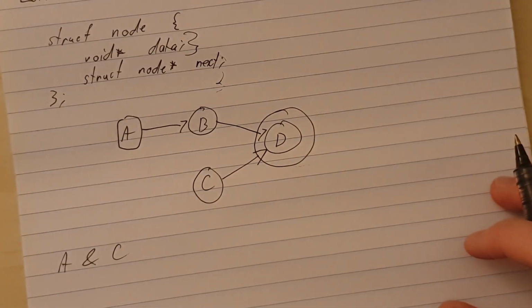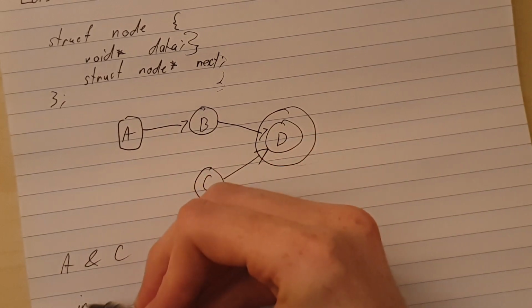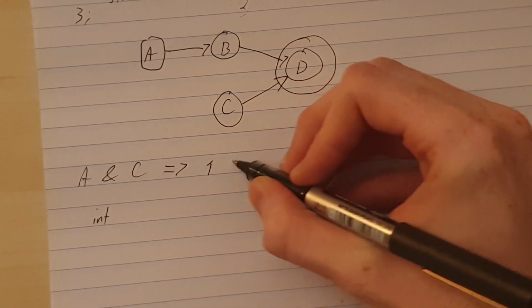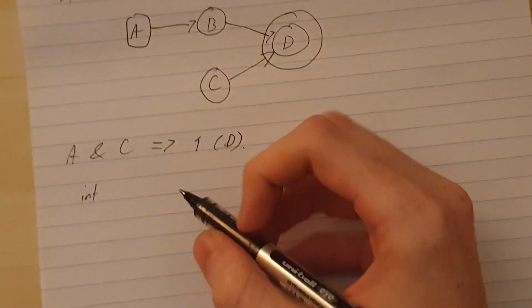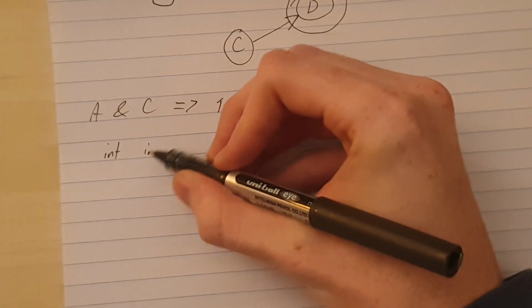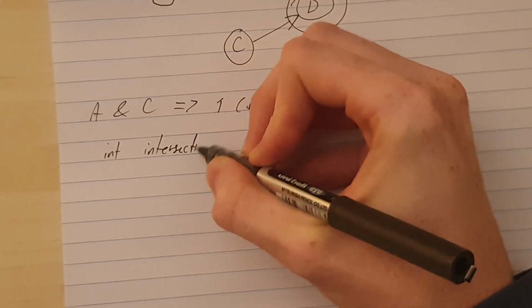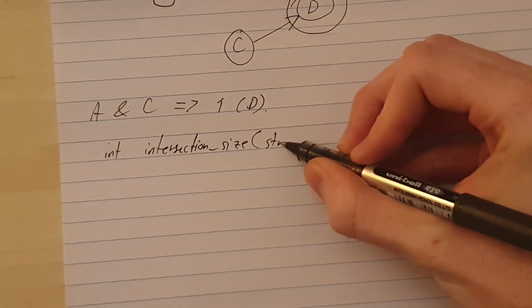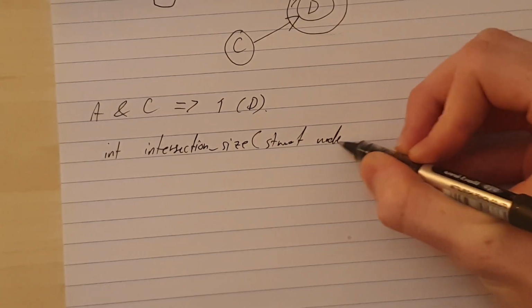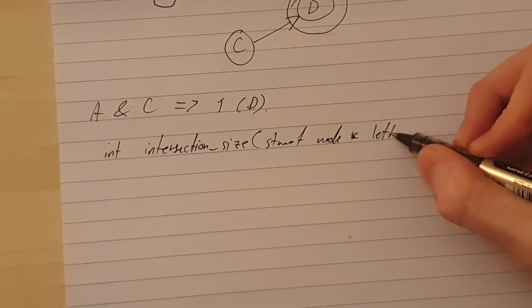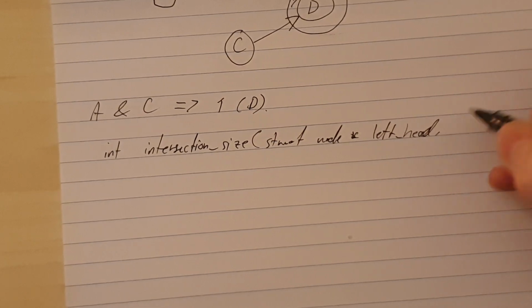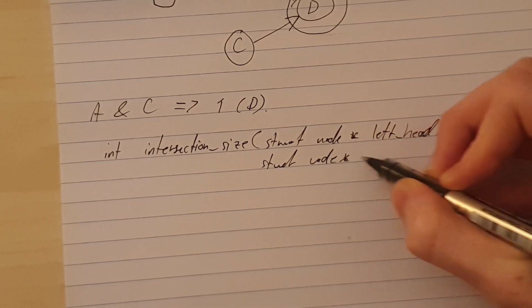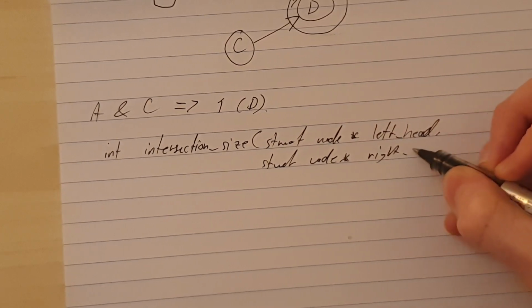So we're asked to implement the function int intersection_size, and we get struct node star left_head, and struct node star right_head.